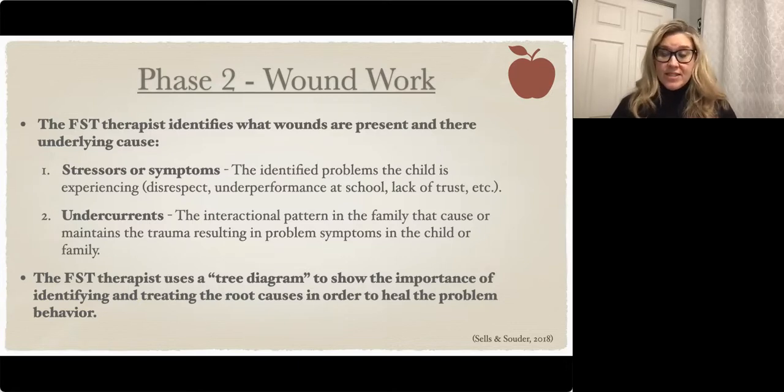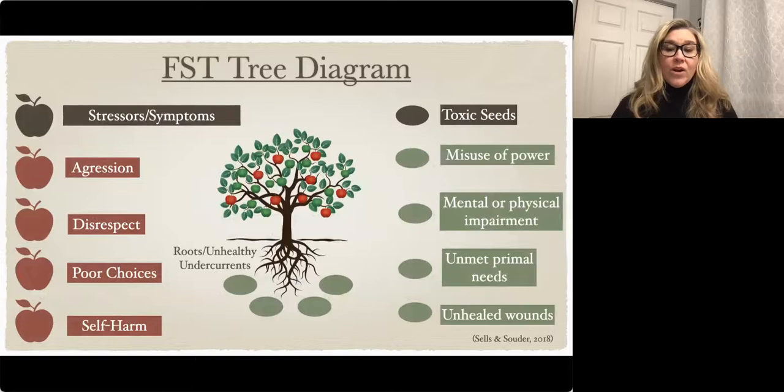At this point, the FST therapist will show a tree diagram similar to this one, where they identify the fruit on the tree. It can be aggression, disrespect, poor choices. And then the therapist shows them that there are 5 seeds that are part of the unhealthy undercurrents that flow in families. There is the misuse of power, mental or physical impairment, unmet primal needs, and unhealed wounds.